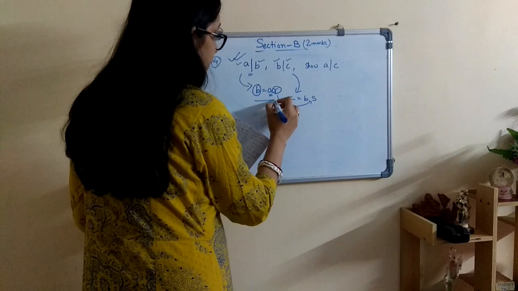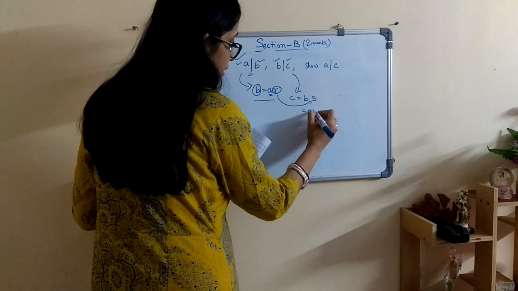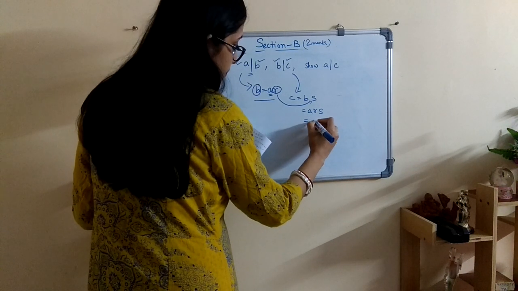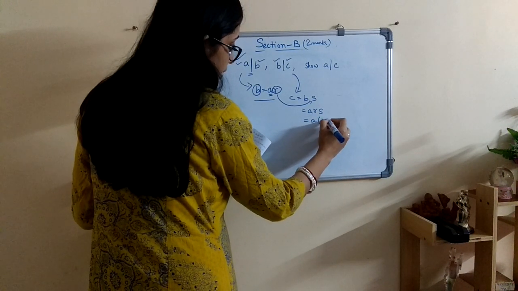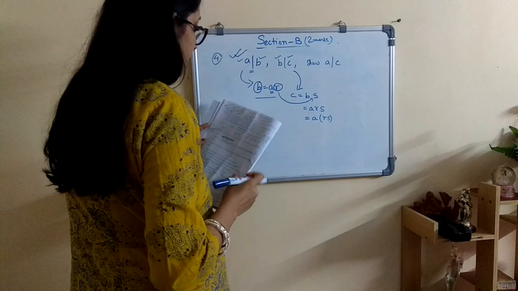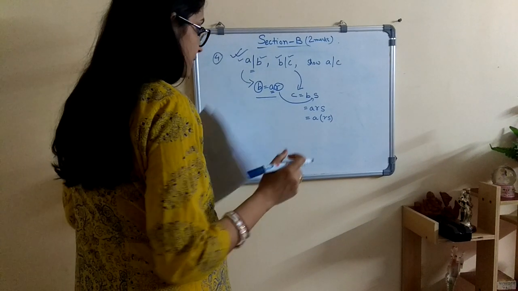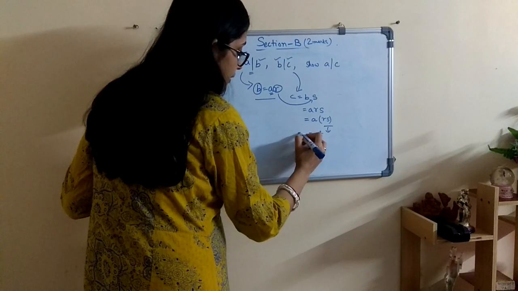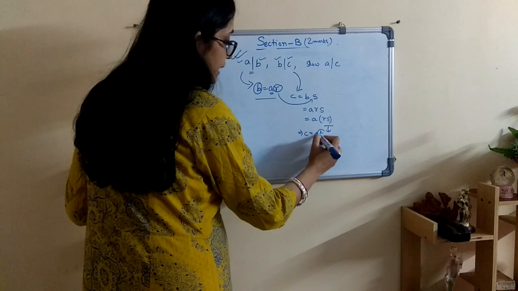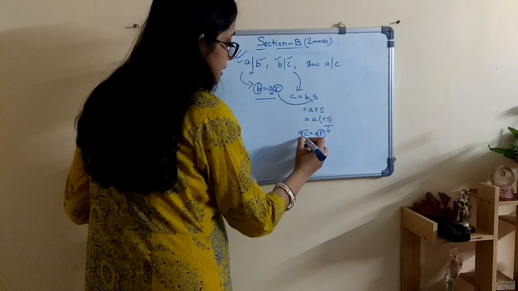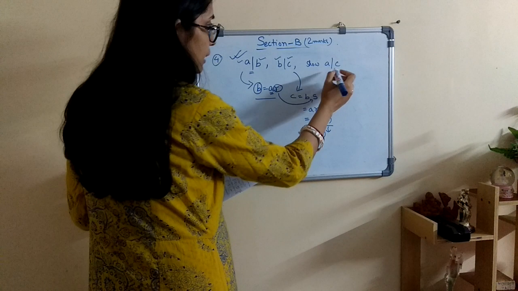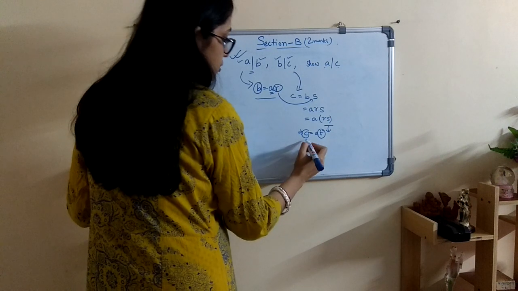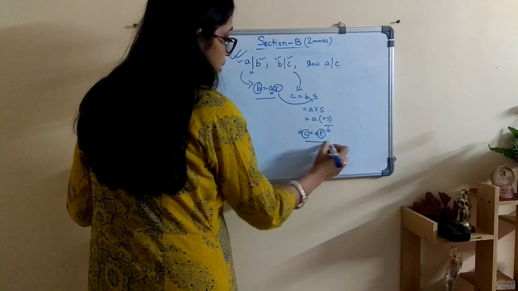So now we will put B equals AR in this, giving ARS. If we write this A and RS in this way and assume this value as T, then we get C equals AT, where T is the quotient.